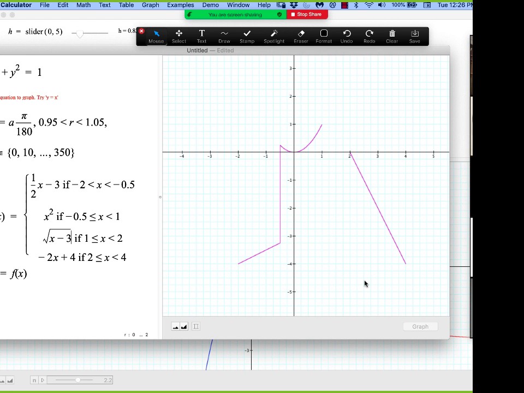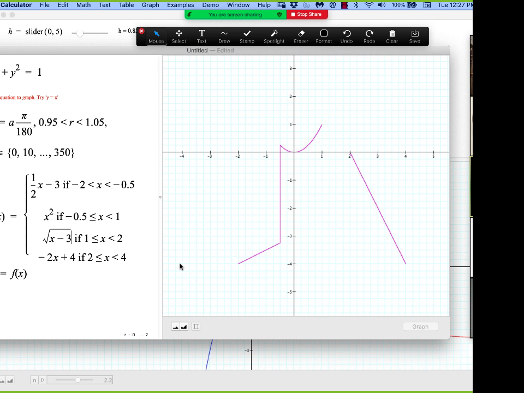The functions are all kind of connected. Okay. Kind of connected. So what about this connection here between the line and x squared? Talk to me about that. Wait, so does GC just connect the two functions?